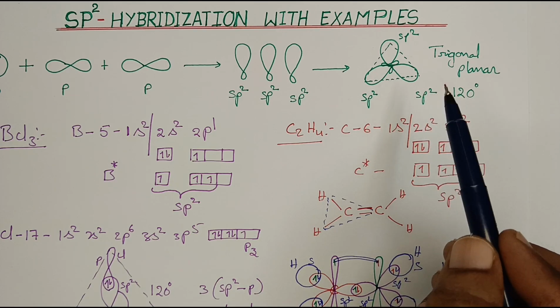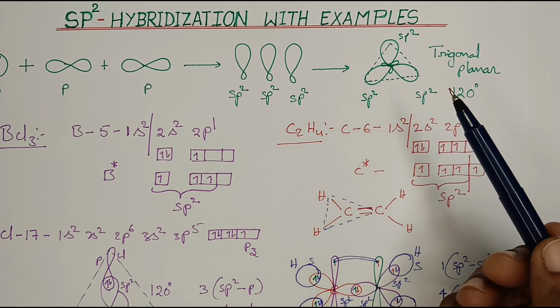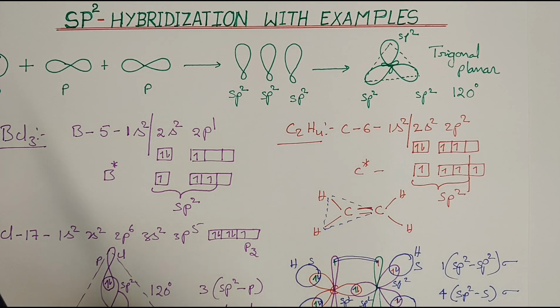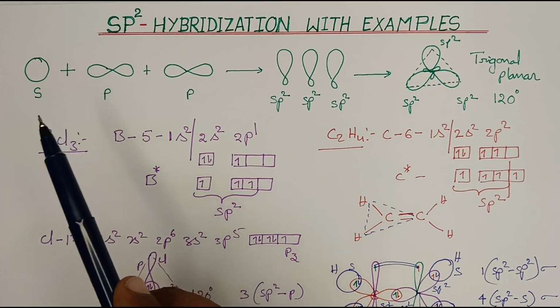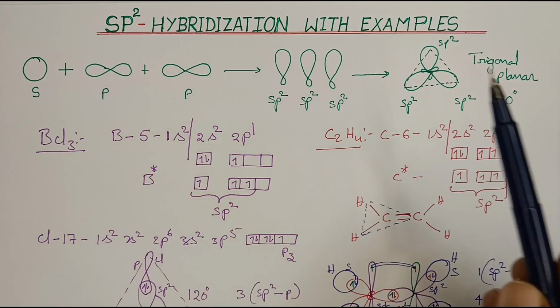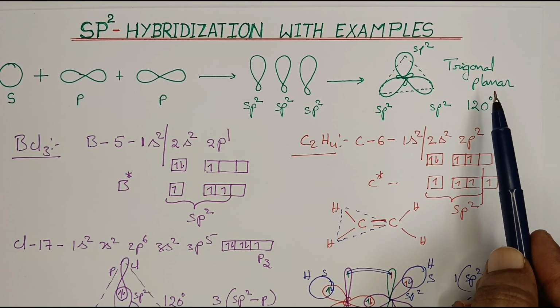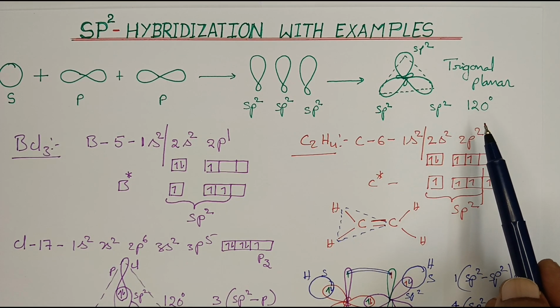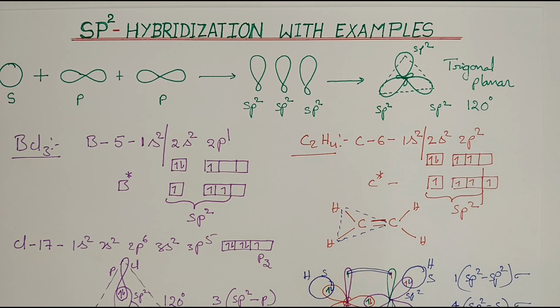If there are lone pairs of electrons, the shape will change. So the final conclusion is, in sp2 hybridization, the shape of the molecule is trigonal planar and the bond angle is 120 degrees.